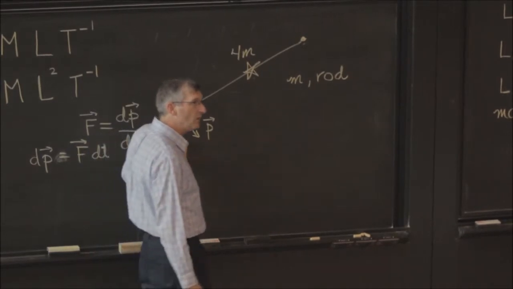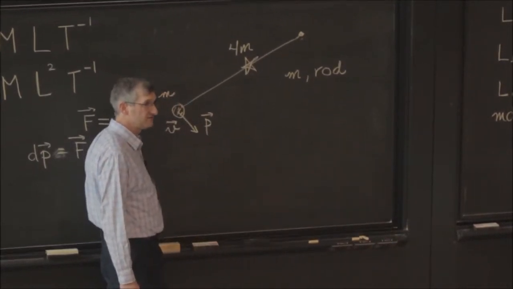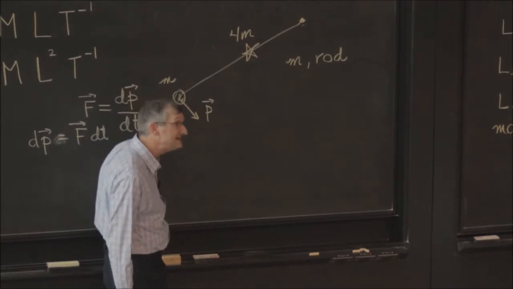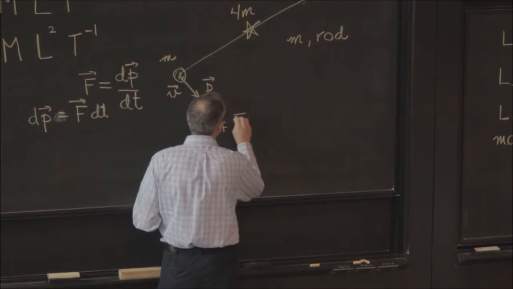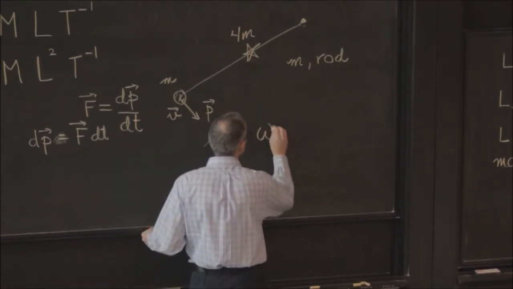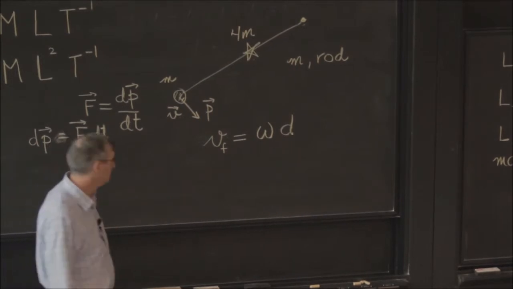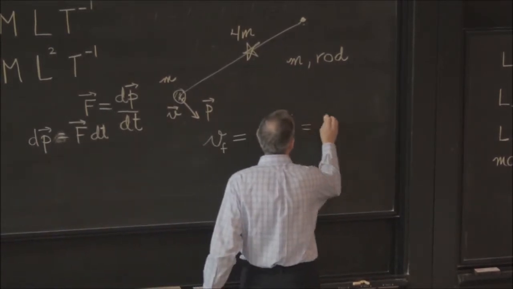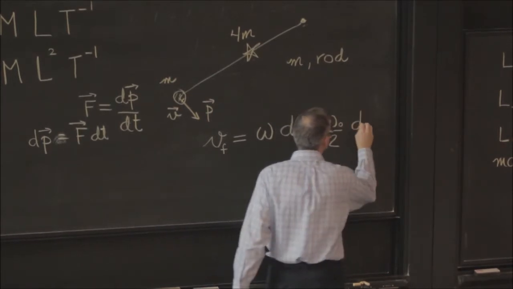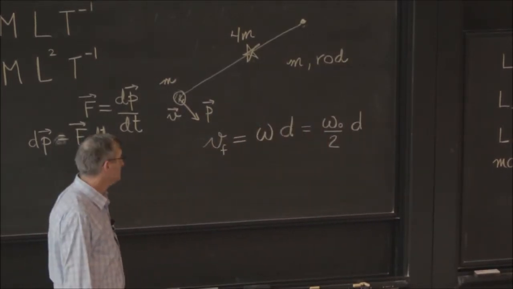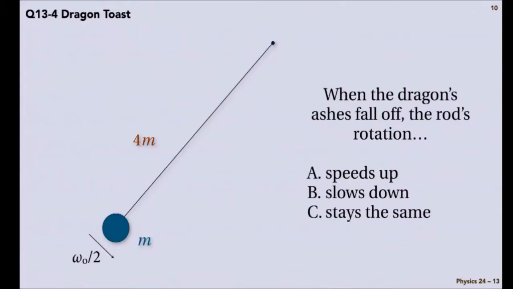Okay, so how far is it away from the axis of rotation? D. Okay, so the speed afterwards is going to be omega times the distance from the axis of rotation. So that is omega naught over 2 times d. So it's cut in half.